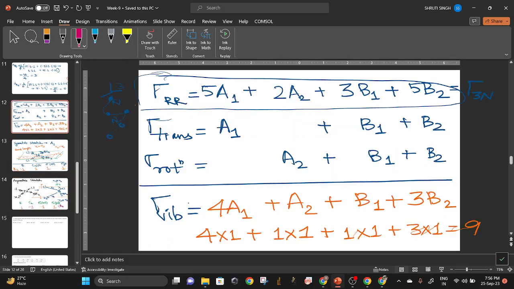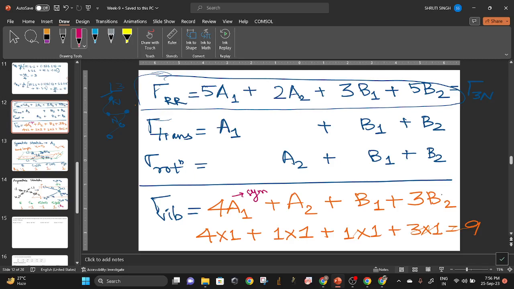So out of this, this one is symmetric stretch. There are four; one of them is symmetric stretch. The others can be any other motions like bending, twisting, in plane or out of plane. There can be other modes as well. So four are A1, and out of those four, one is symmetric stretch.